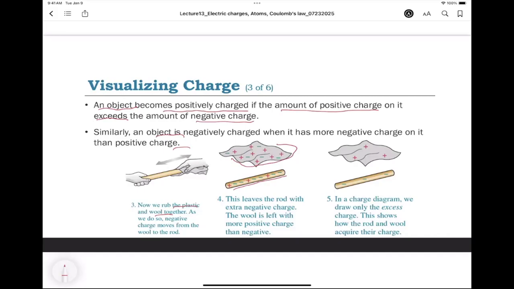The wool is left with more positive charge than negative. In a charge diagram, we draw only the excess charge. This shows how the rod and wool acquire their charge. Because this is positive, we just draw the positive. This one is negative, the negative is in excess, so we draw the negative.